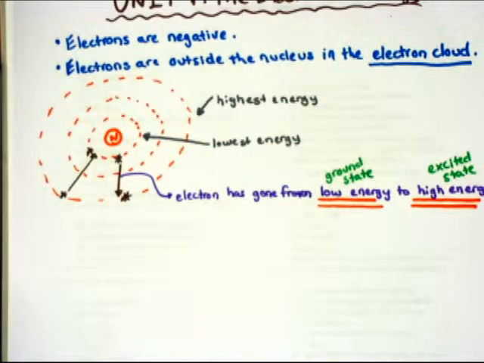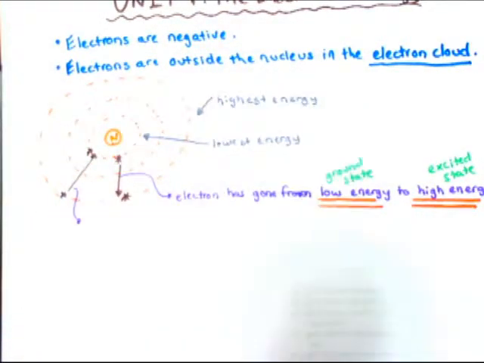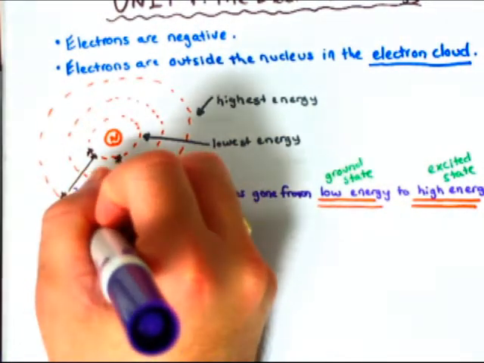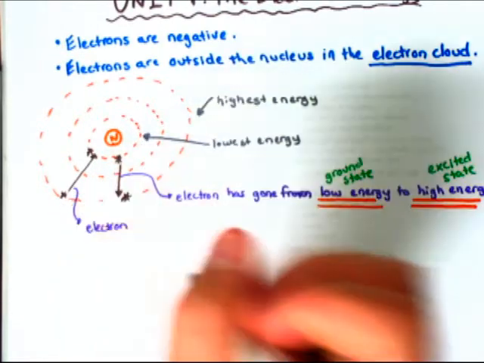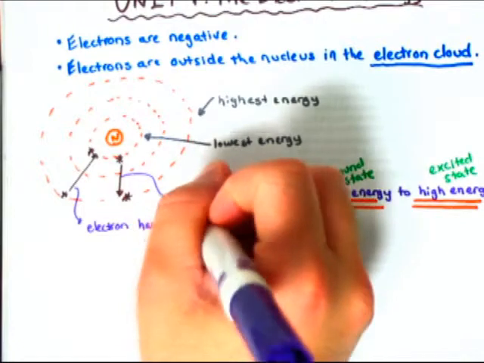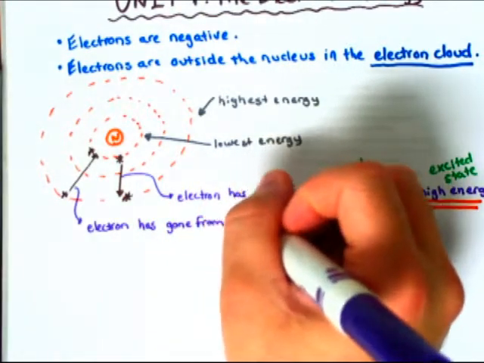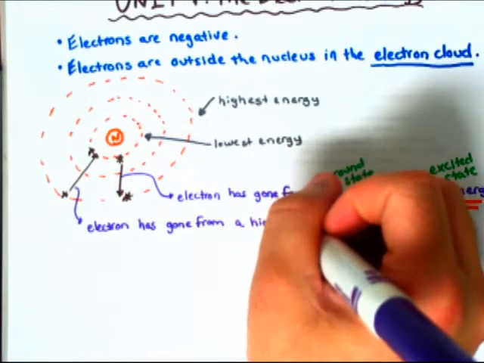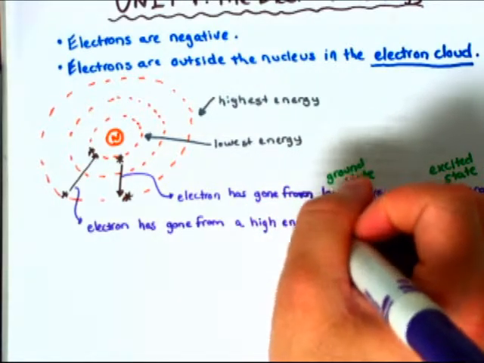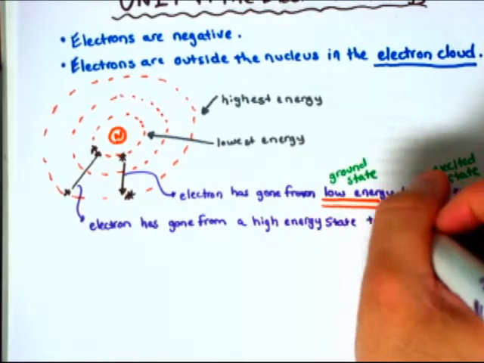So what would we say in this case? The electron has gone from what to what? Okay. The electron has gone from a high energy state to low energy.